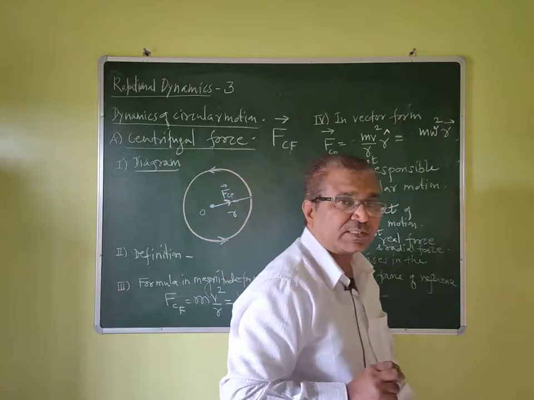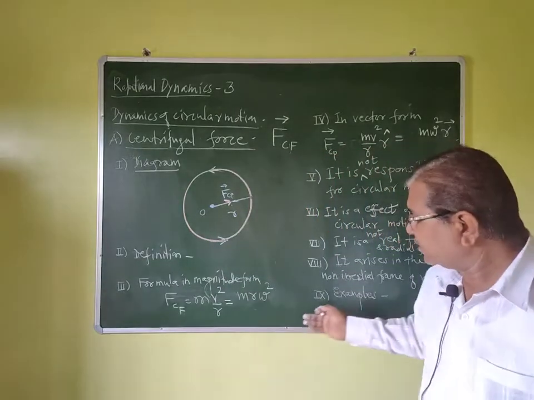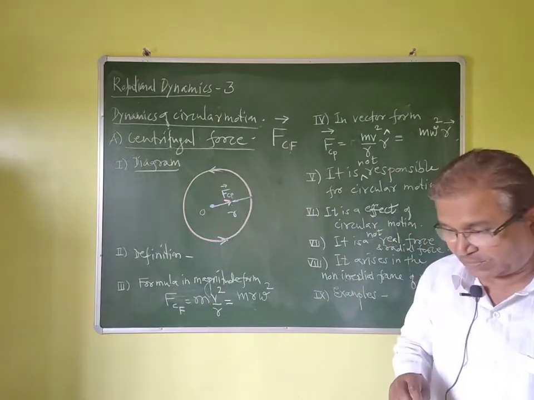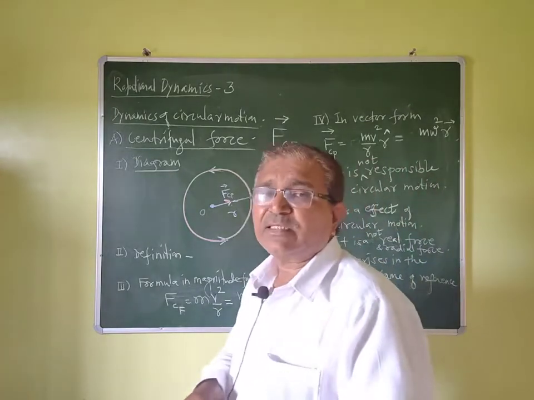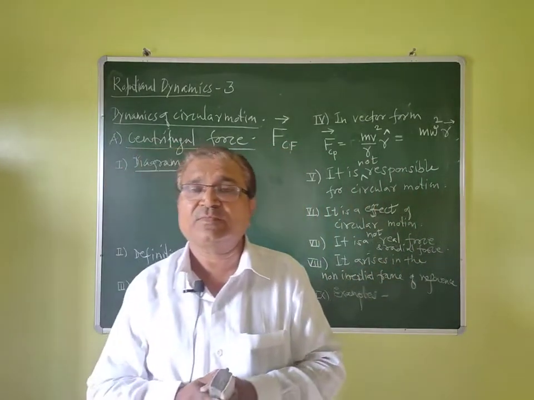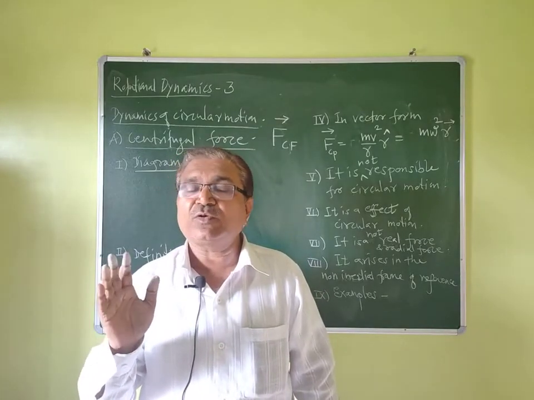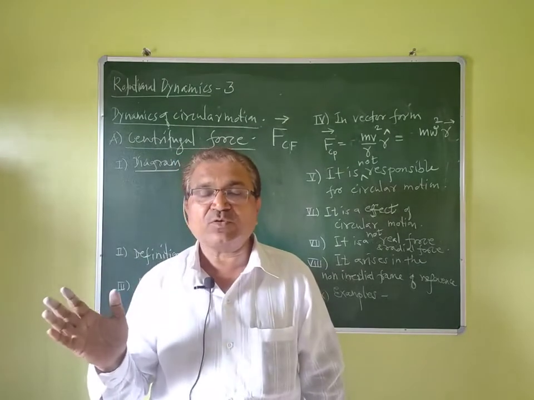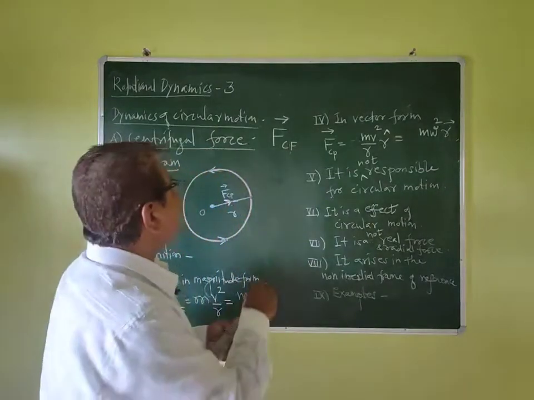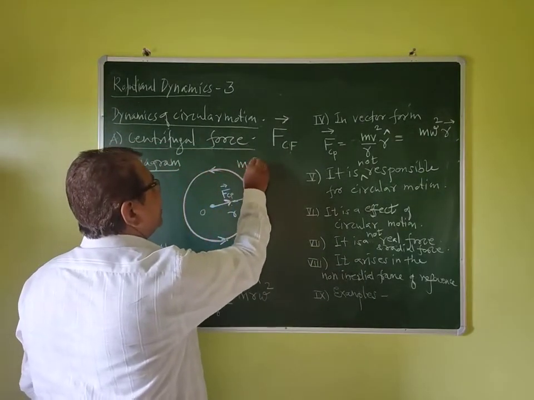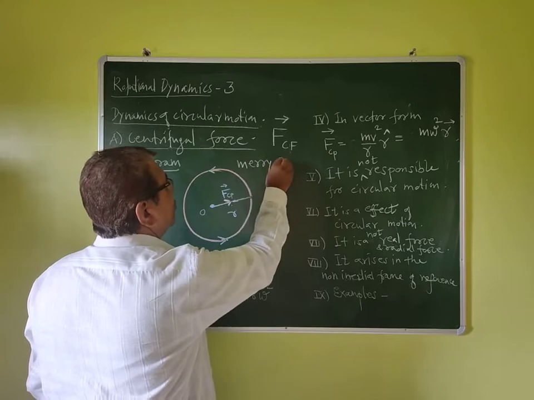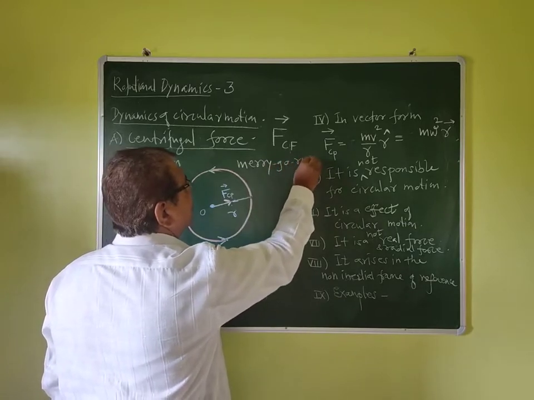And then examples of centrifugal force. What are the examples of centrifugal force? The most important example that you will have to learn now, quoted in your textbook, is the merry-go-round.